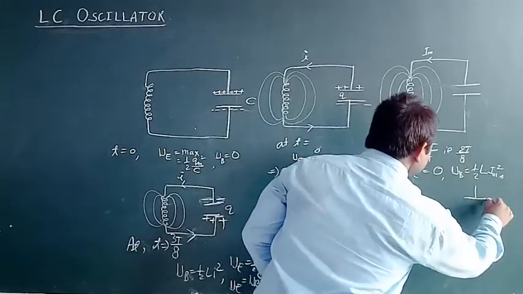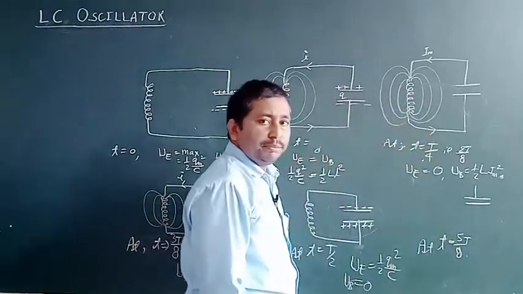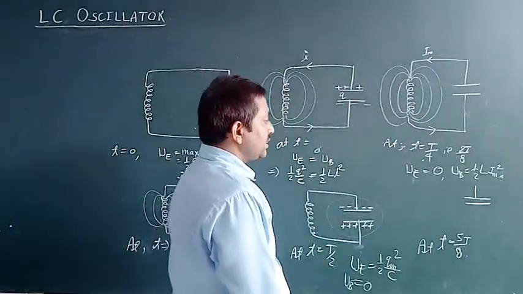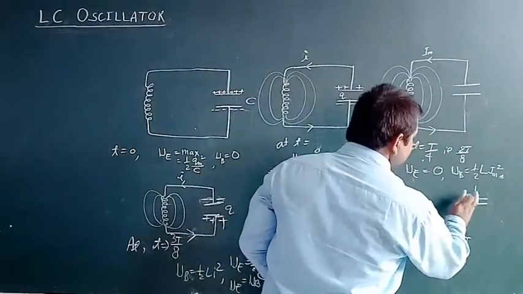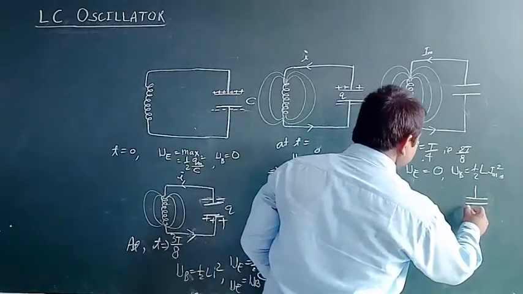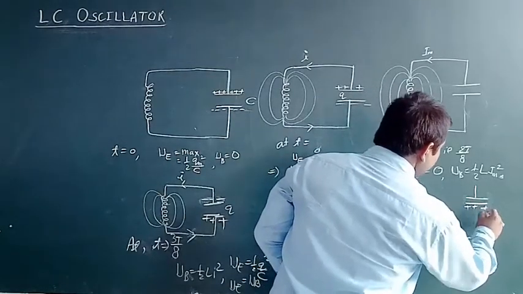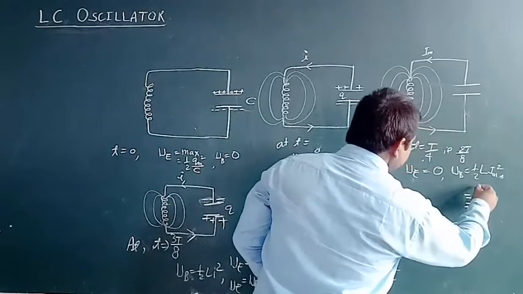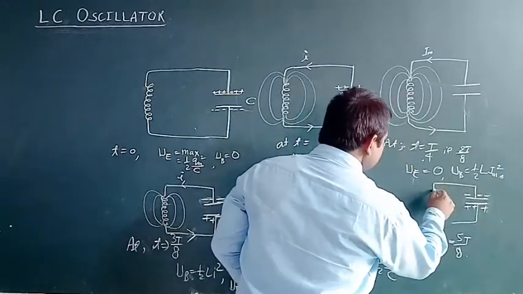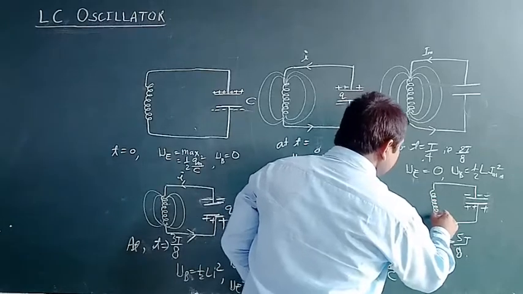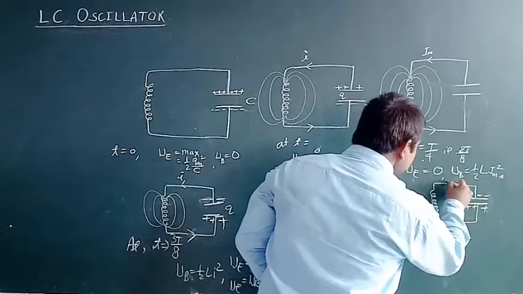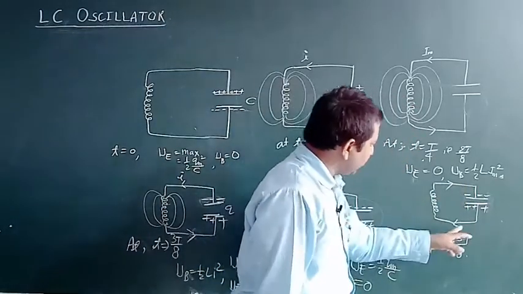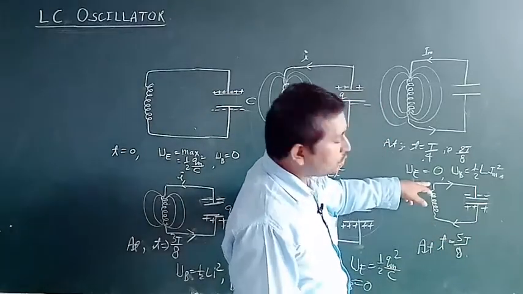The capacitor starts to leak down. It means the charge stored on the capacitor, and also the energy of the capacitor, will leak through the inductor, and the direction of the current flowing through the inductor will be from bottom to top.